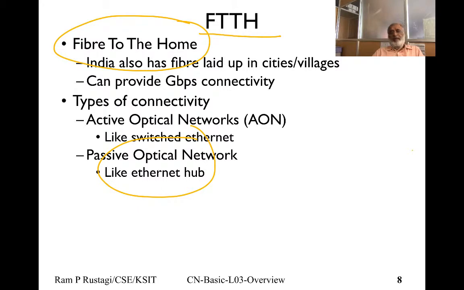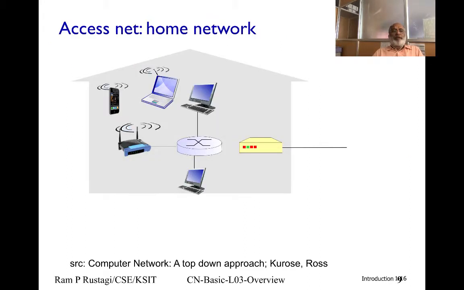It was more like an Ethernet hub, which is a switch or a hub repeater. We will probably look at that when we study link layer devices, probably towards the end of the course.